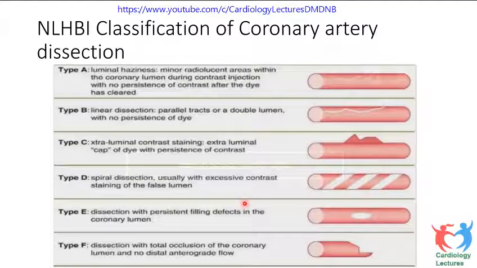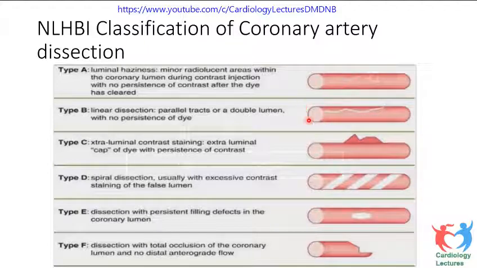Coming to classification based on angiogram, this is the NHLBI classification. This is type A, type B, type C, type D, type E, and type F, depending on the extent of dissection. Type A is only a luminal haziness, but the contrast drains off at the end of the injection. Type B has two lumens or parallel lumens.